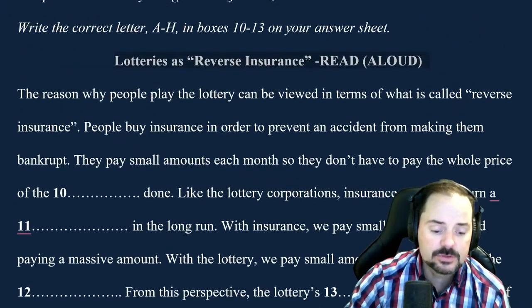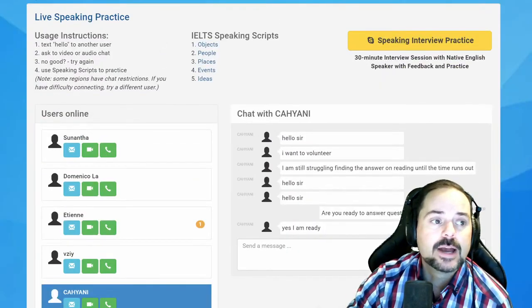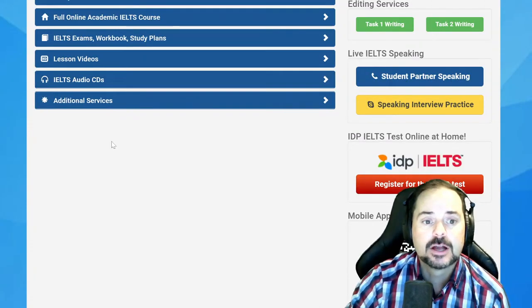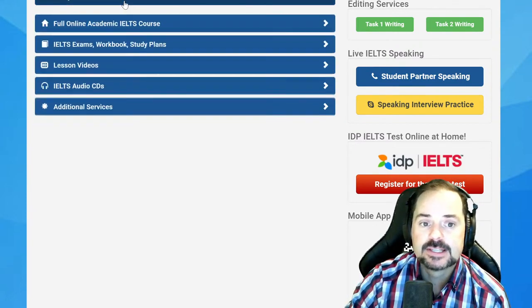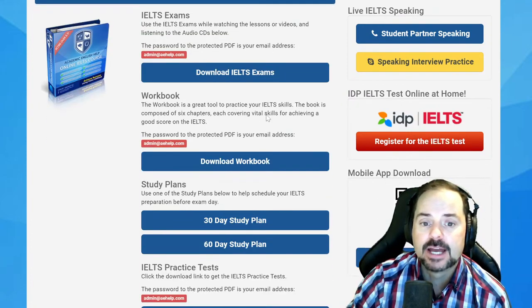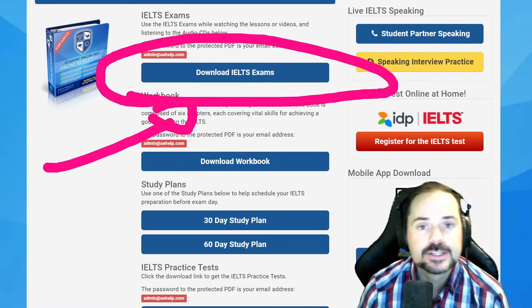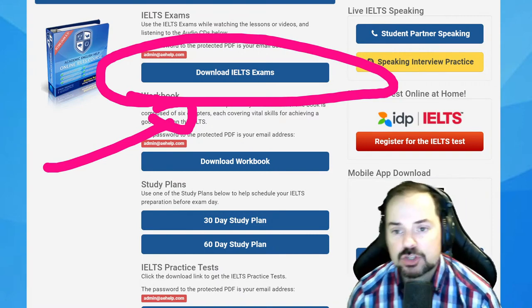And for those of you that have access to our websites, you have this reading either in the computer-based exams or in the exam books. If you download the first exam book, you will find this in test 2 passage 1.